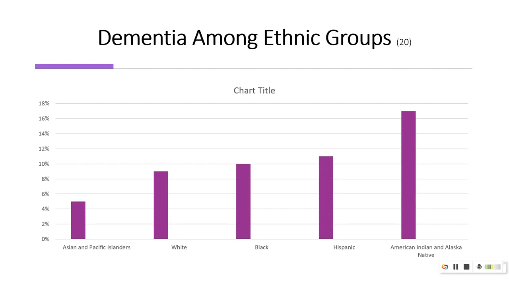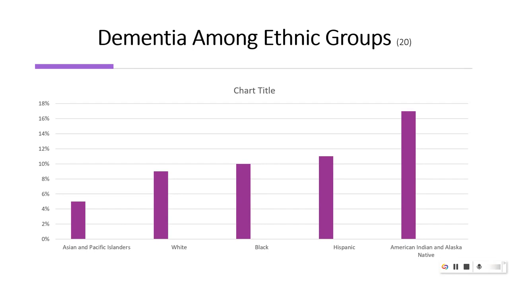Okay, so this slide is from the Centers for Disease Control and Prevention, which says there's an estimated 6.5 million people living with Alzheimer's, which is the most common type of dementia. That number is expected to increase by 2060. They feel that the largest increase is going to be among non-Hispanic Black or African American, and Hispanic or Latino adults.